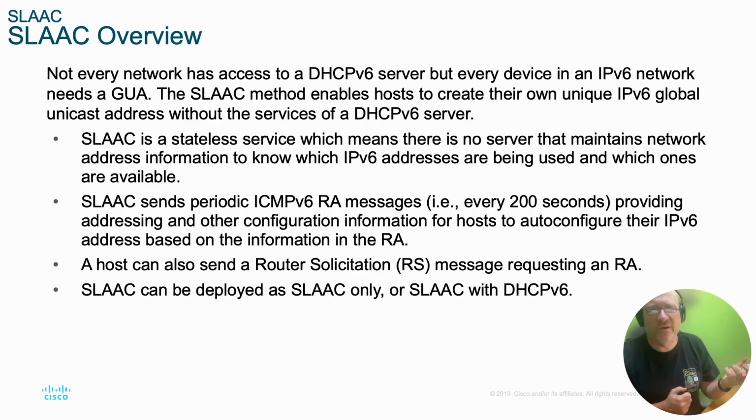And then if there are router solicitation messages taking place, a DHCPv6 device could communicate that. It's designed for devices that may or may not need to have address control within an environment.